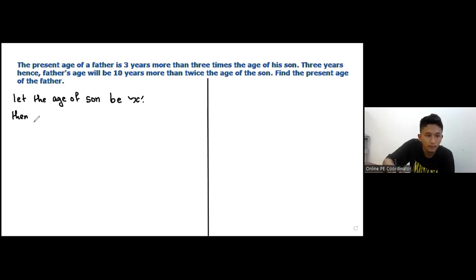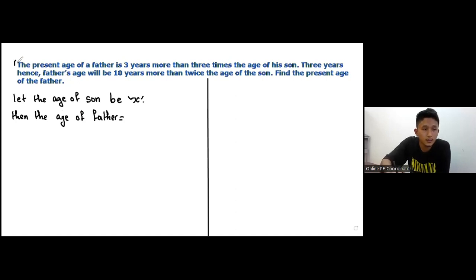Now we can find the age of the father from this. Now how are you going to find the age of the father? First sentence: the present age of a father is 3 years more than 3 times the age of his son. The son's age is x, so 3 times that is 3x, and 3 years more makes it 3x plus 3.